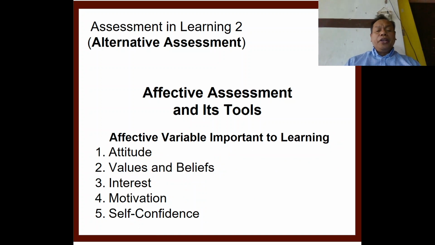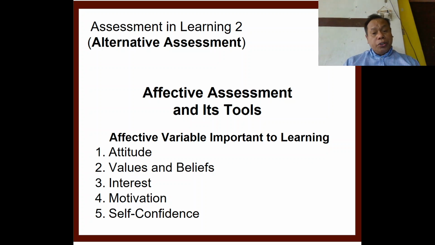What are the common affective variables that are said to be important to learning and teaching? There are five, no? The first is the attitude. It refers to your perception or to your behavior to something, whether favorable or not.